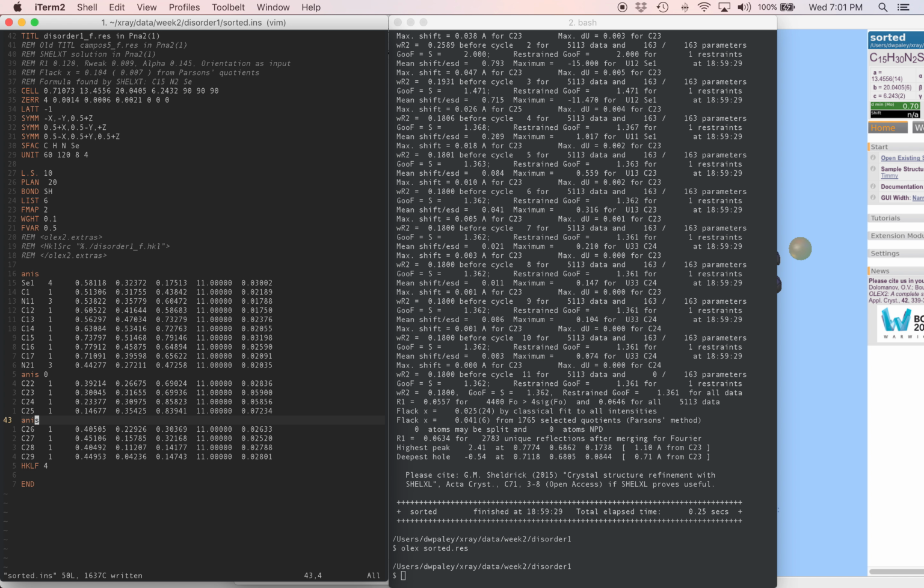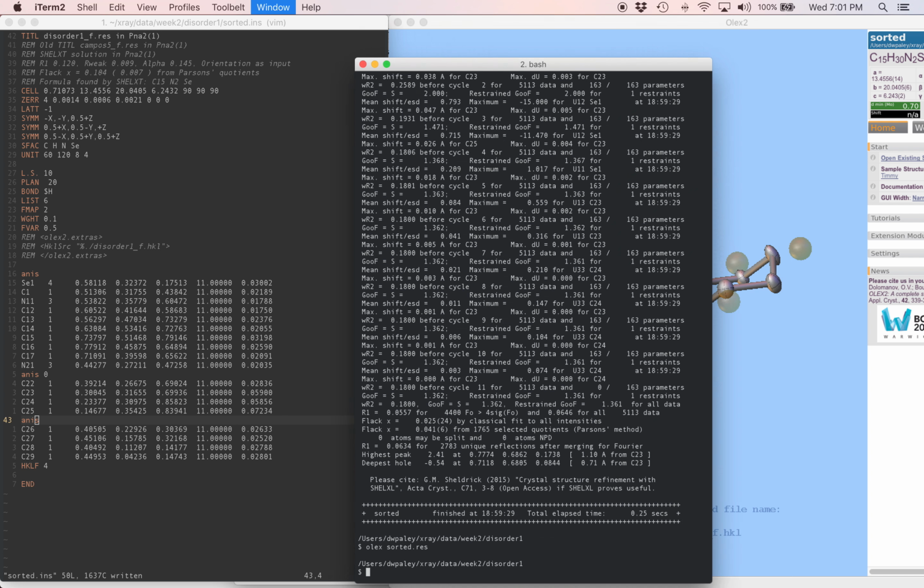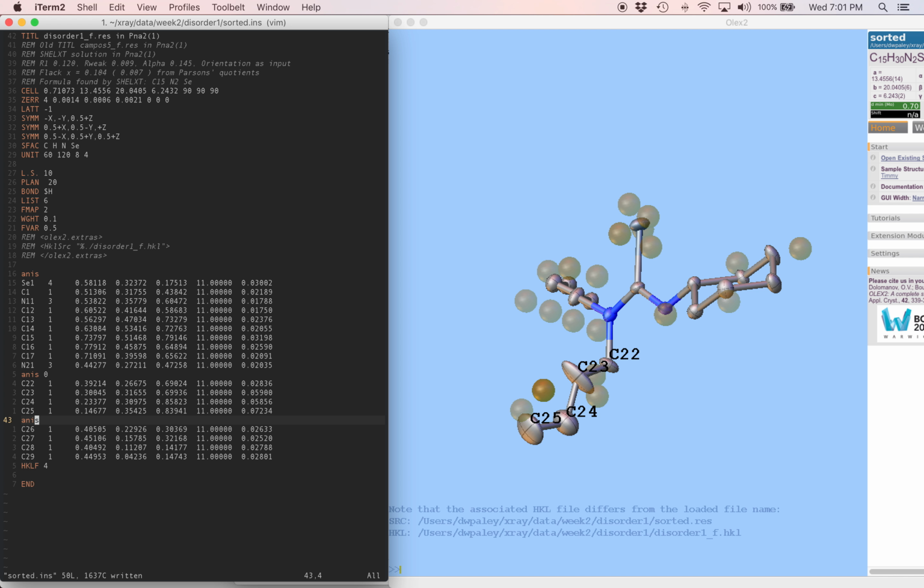And at the same time, we talked about getting the quality of the rest of the structure as good as possible, so we can do that. And also at the same time, we'll turn down the occupancy of the disordered chain, like we talked about, to try and get the second part of the disorder to show up in the difference map.